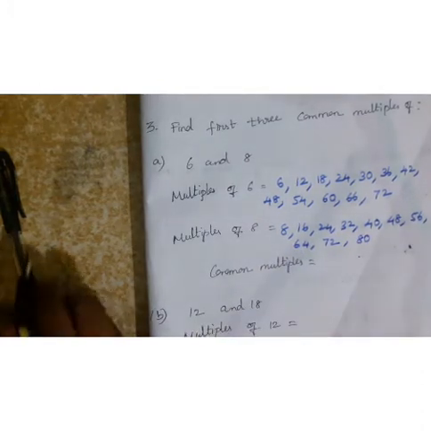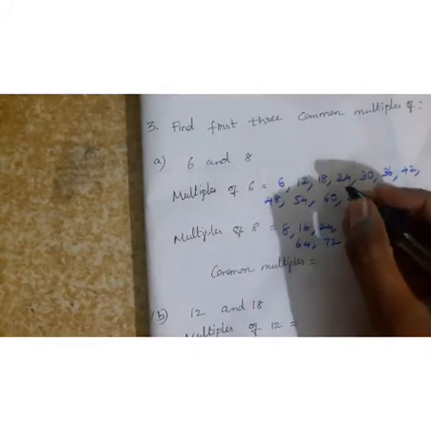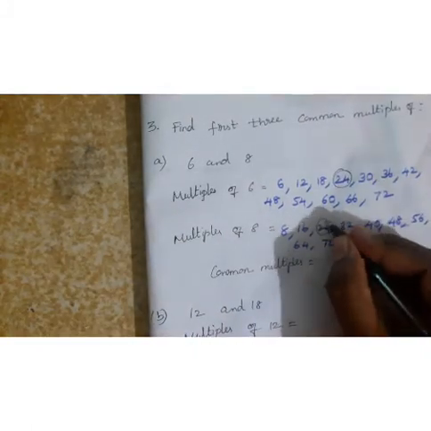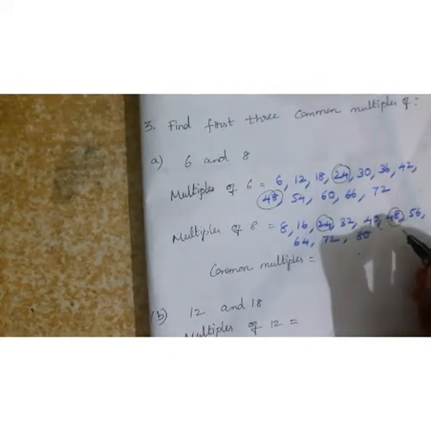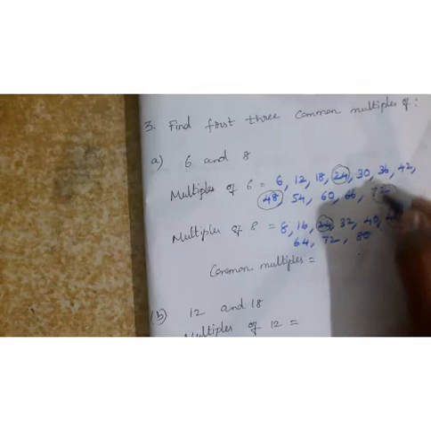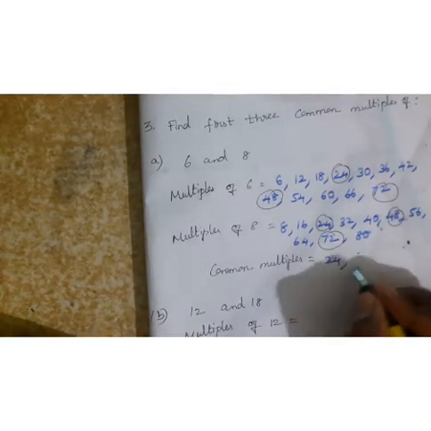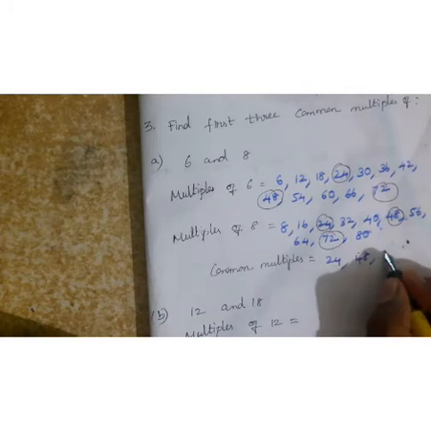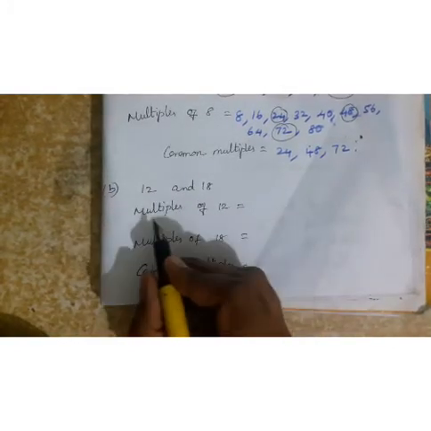So the common multiples equal to 24, 48 and 72. B part, 12 and 18.